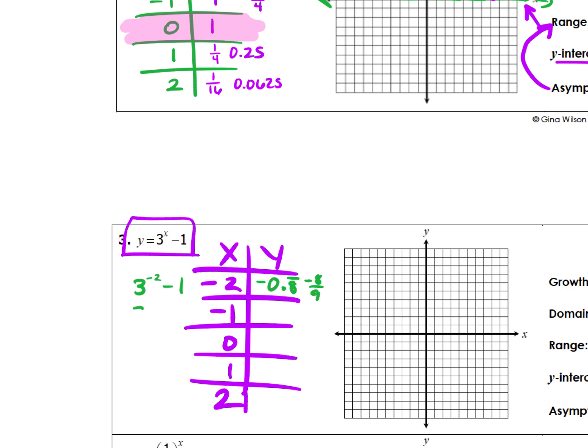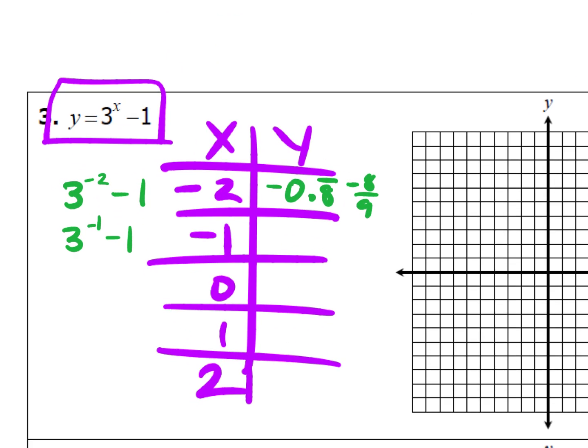So then the next one, 3 to the negative first minus 1. Plug that in. What do you get? -2/3 or -0.6 repeating. Okay, so you may call it either one. 3 to the 0 power minus 1. What do you get there?